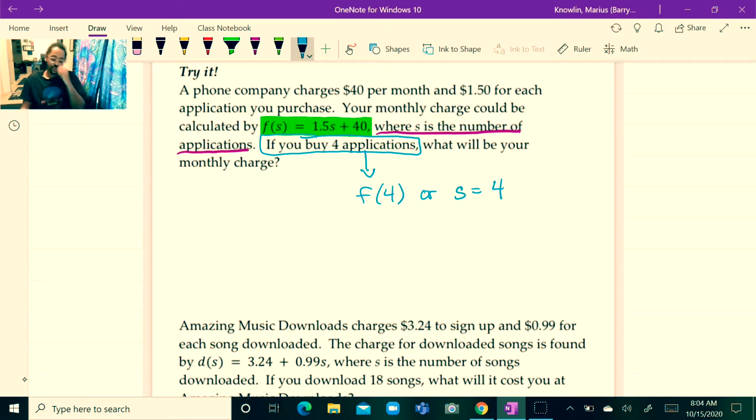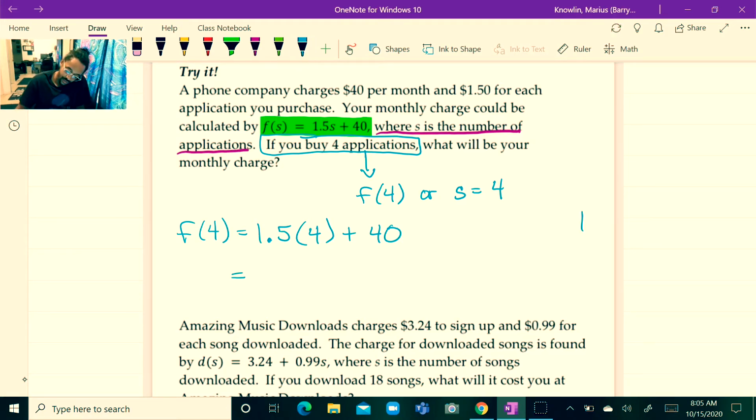So if I want to figure out how much the monthly charge would be, I'm going to have to substitute 4 for s. So f of 4 equals 1.5 times 4 plus 40. When we multiply, if you don't know that off the top of your head, you just come over here and multiply it regularly. 15 times 4, that's 20.